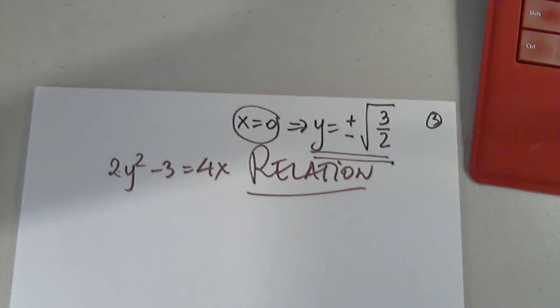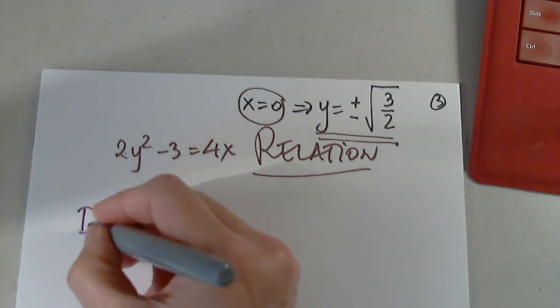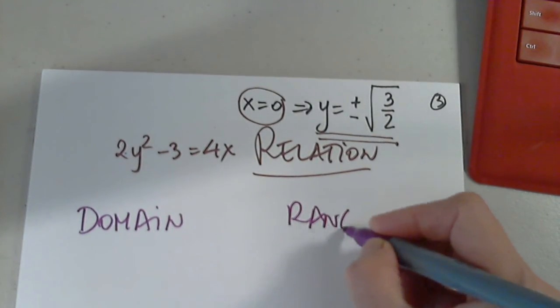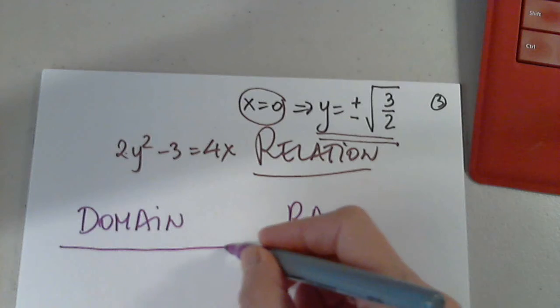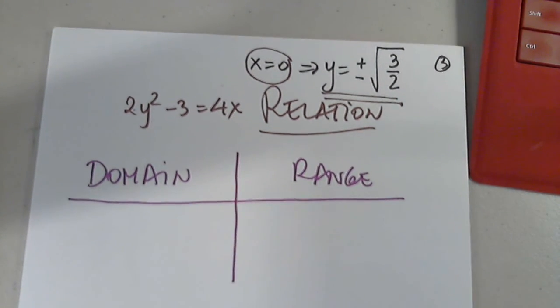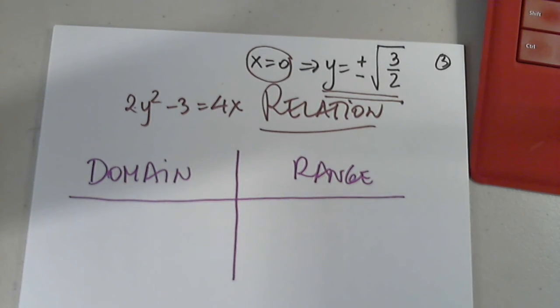Now, the other thing that is very important is domain and range. So every time we talk about functions and graphs, etc., we have to find the domain and the range.